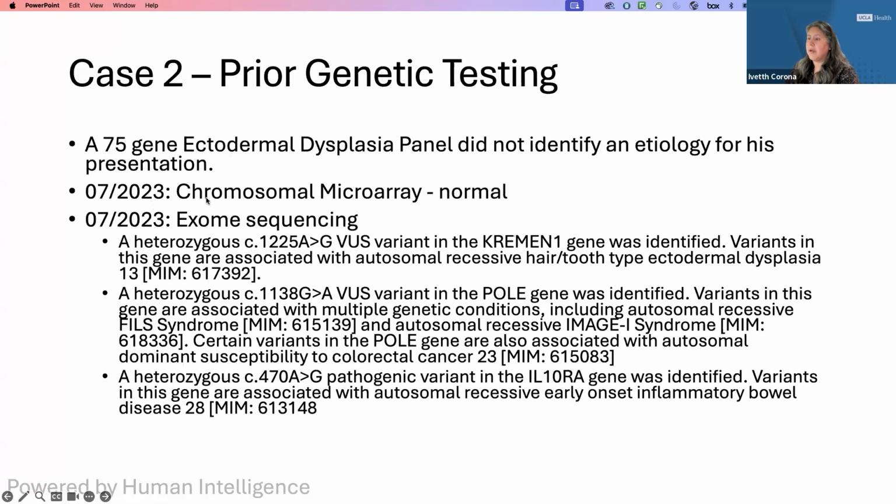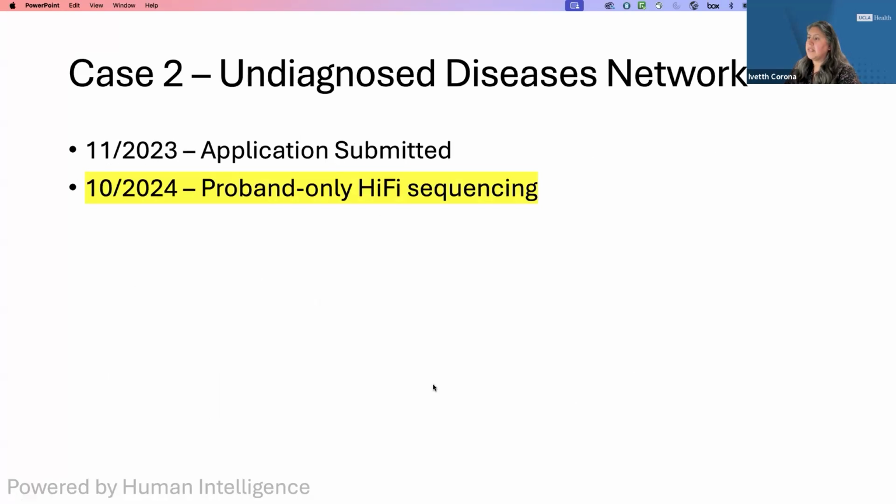Also, a chromosomal microarray that was normal, and exome sequencing that identified 3 VUSs, but not related to the patient's phenotype. And then the application was submitted in November of 2023, and a little less than a year after, we had proband-only HiFi sequencing for this case.